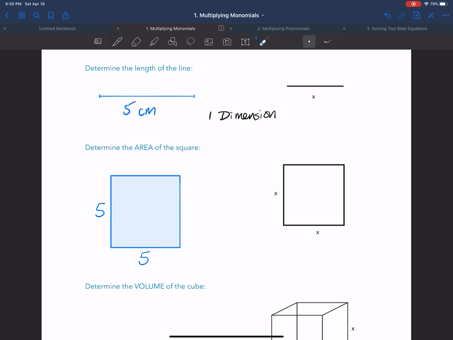So then we have 5 times 5, or 5 squared, and that is equal to 25 centimeters squared. It's the length times the width. Length times width, 2 dimensions.